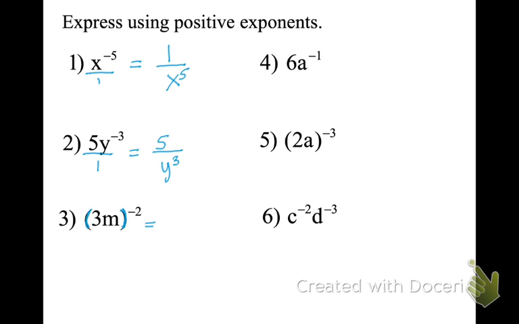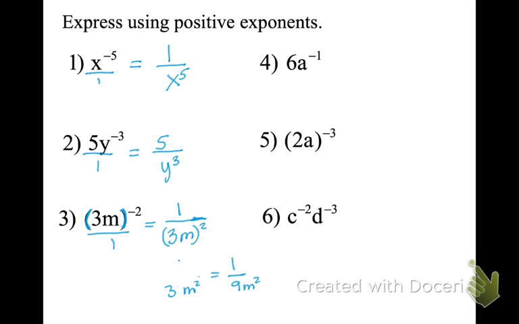Everything in the parentheses. So everything in the parentheses comes down, and everything is to the second power. Right? So now I've got 1 over 3 to the second and m squared. That means 1 over 9m squared.